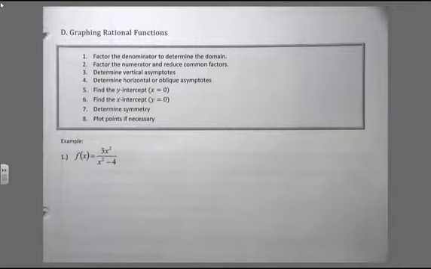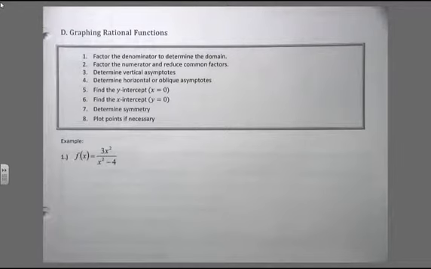Here are your 8 steps to glory, or what they anticipate you doing, to graph a rational function. 1, factor the denominator to determine the domain. First off, find the domain. 2, factor the numerator and reduce any common factors. That means you're looking for holes in the graph and vertical asymptotes. 3, determine the vertical asymptotes, and then part number 4, also determine any oblique asymptotes or horizontal asymptotes.